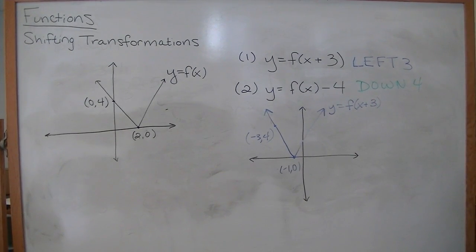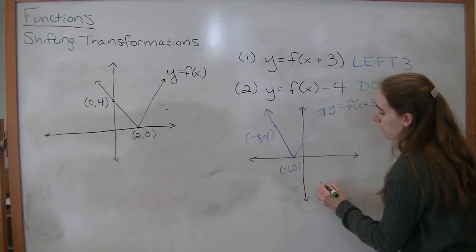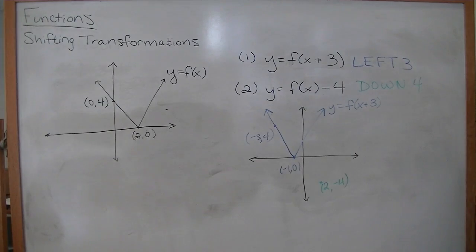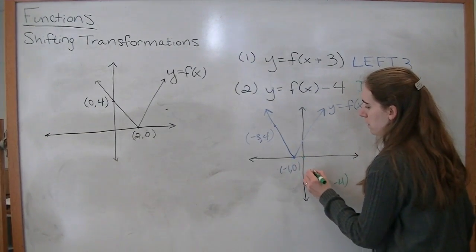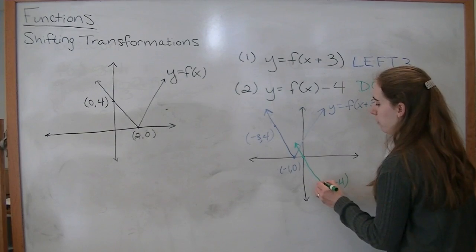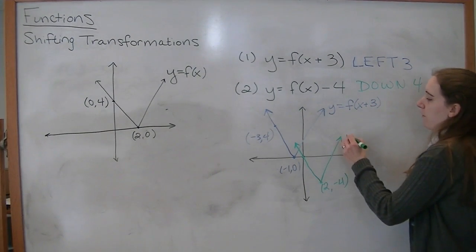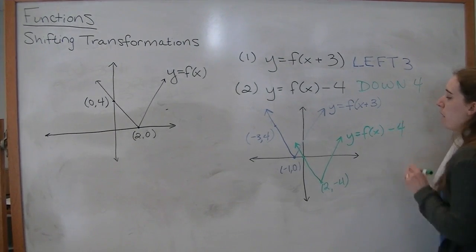So the 2, 0 will become 2, negative 4. The 0, 4 is going to actually become 0, 0, because if I take away 4 from 4, I get 0. So there's our graph of y equals f of x minus 4.